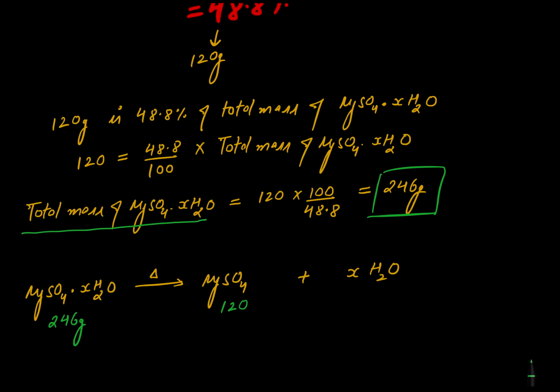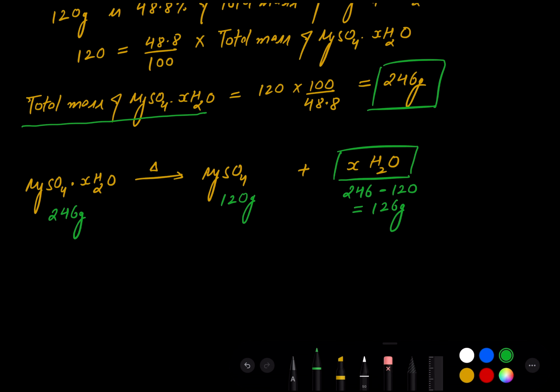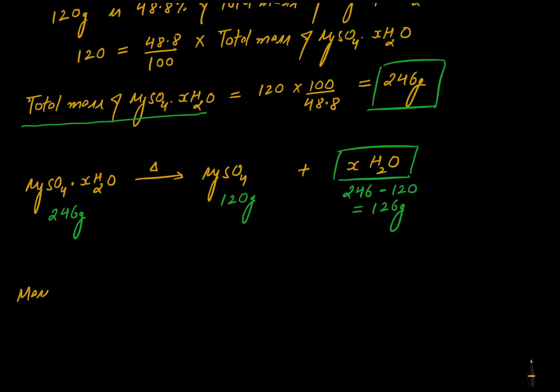I got it to be 120 grams. So what's the weight of this total XH2O? It will obviously be 246 minus 120, and it comes out to be 126 grams. So that means the mass of XH2O will be 126 grams.